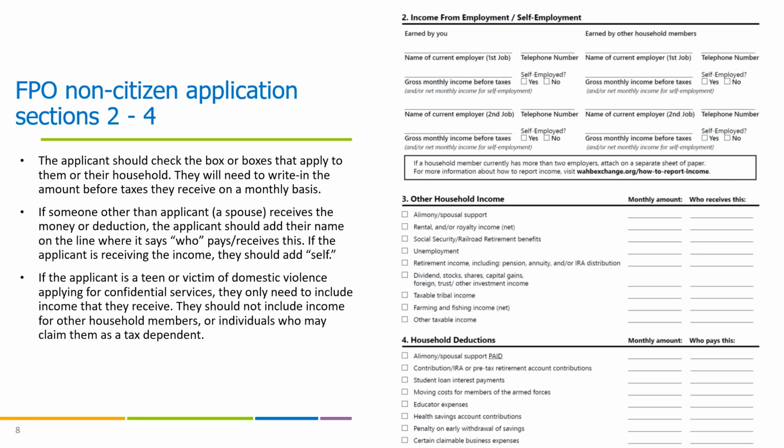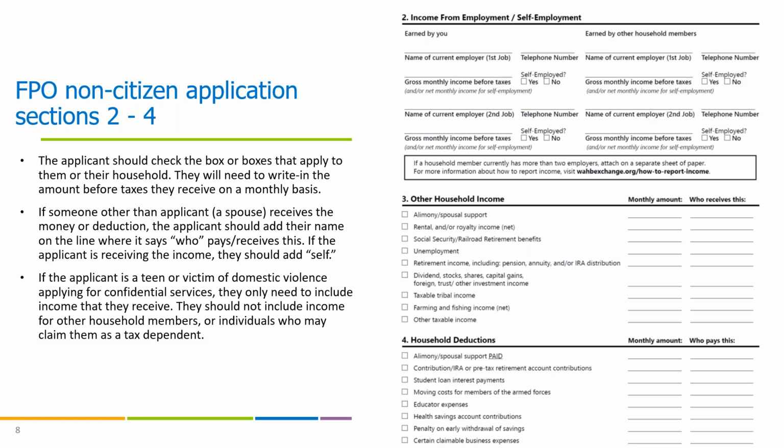So just for these sections here, we just need to make sure that the person that's applying for the coverage checks the boxes that only apply to them or their households. They just need to write in the amount that they earn on a month-to-month basis before taxes.